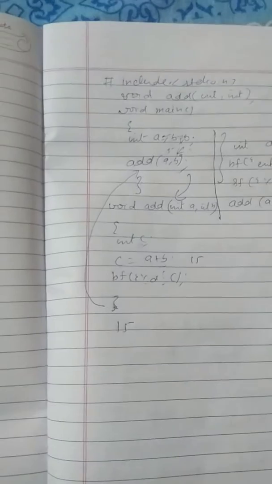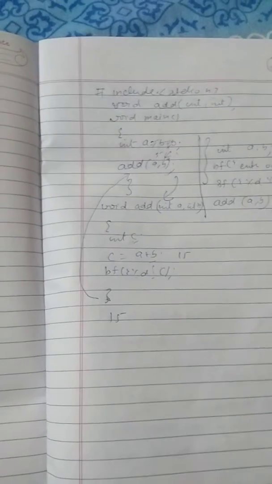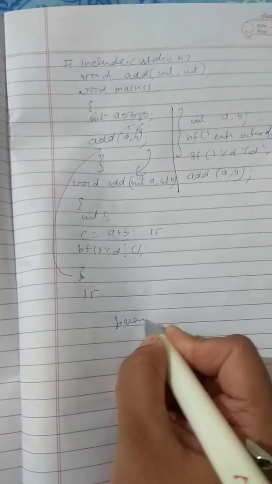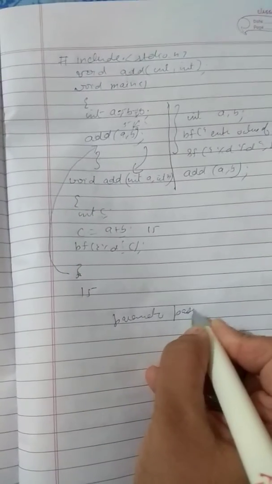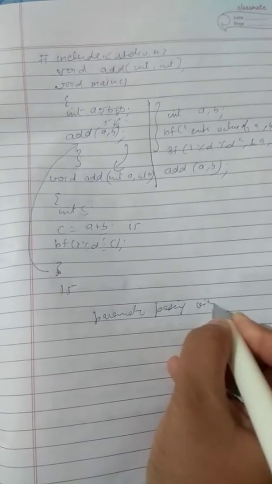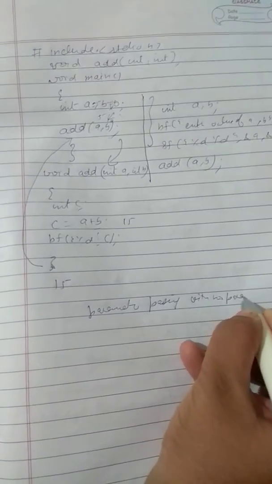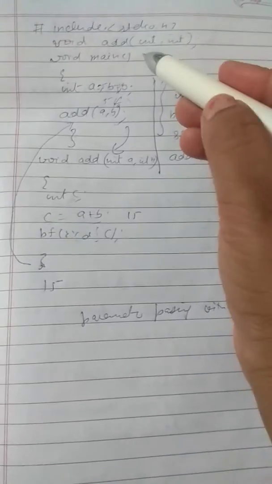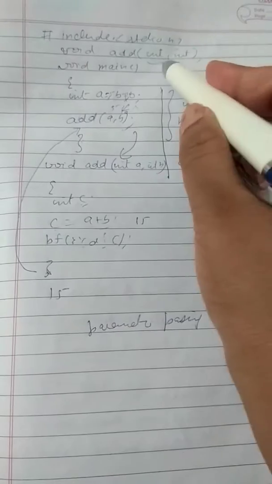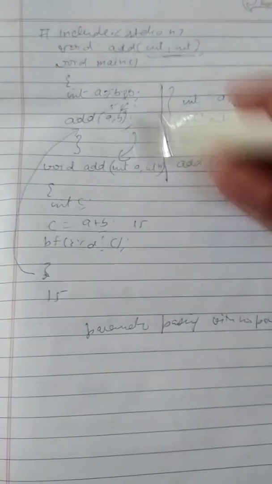15. Okay, so this way is your category, parameter passing with no return type. Parameter passing meaning is what? Here we are passing the parameter, the function is having the parameter.